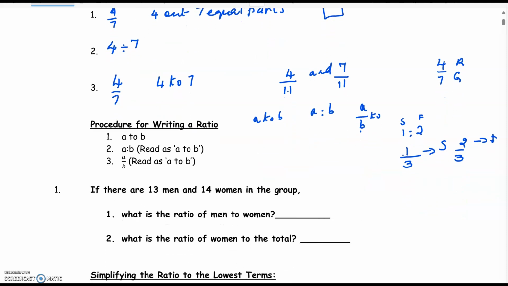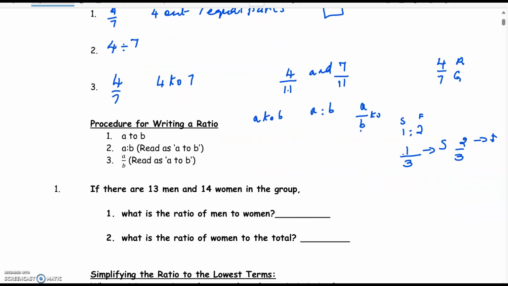If there are 13 men and 14 women in the group, what is the ratio of men to women? So men to women is 13 to 14. Also written as 13:14. But in this class, let's just think about it as a fraction, 13 to 14. What is the ratio of women to the total?